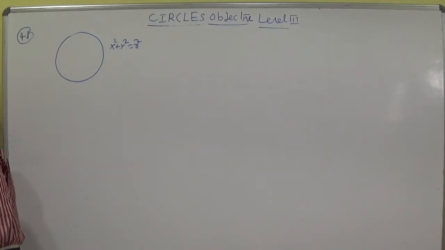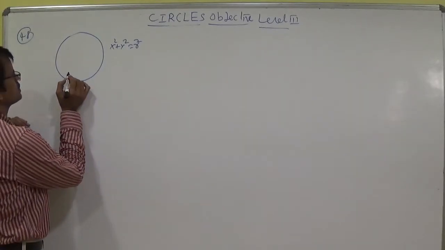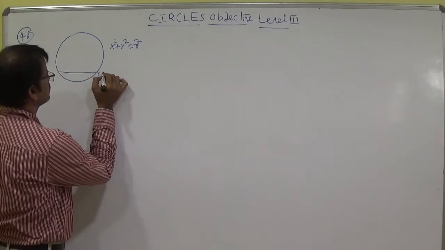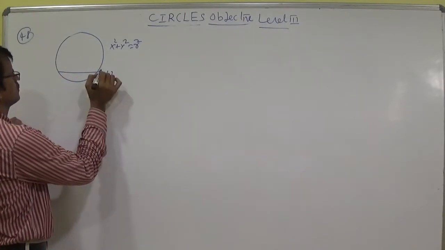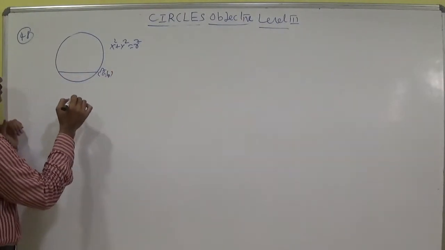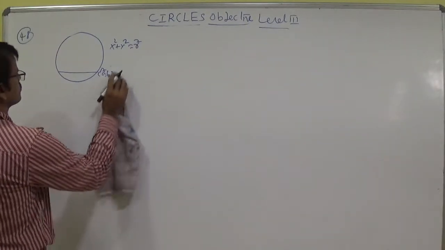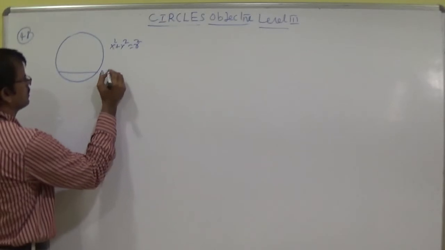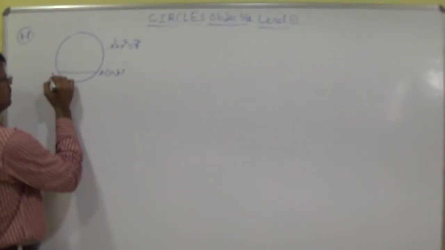If the coordinates of the end of the hypotenuse are a comma b, then find the coordinates of the vertex. So not 0 0; you take here a comma b. Put capital A comma b here.